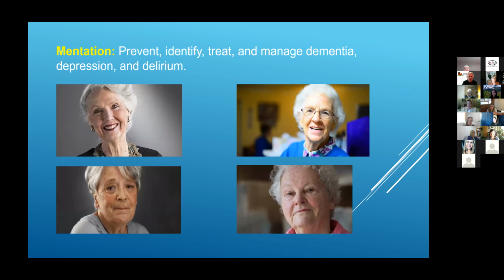In terms of mind or mentation, we want to deal with the 3 Ds of dementia, depression, and delirium. And I often say that as we look at these wonderful portraits of these four older adults, we probably could not predict which one has dementia. A lot of times they have this characterization of who looks demented, and they always look frazzled or unkempt or not put together.